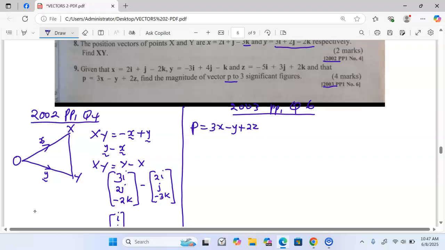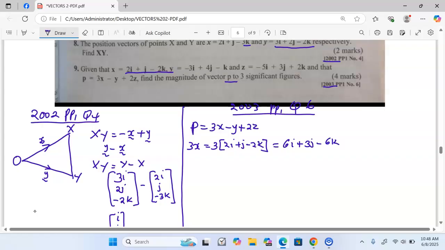So the first thing we are going to do is to find 3x, and 3x is the same as 3 into the vector x, which is 2i plus j minus 2k, and this is going to give us 6i, 3j, and of course minus 6k.